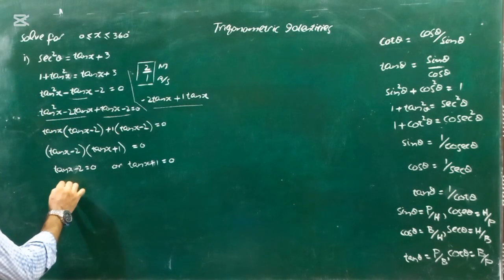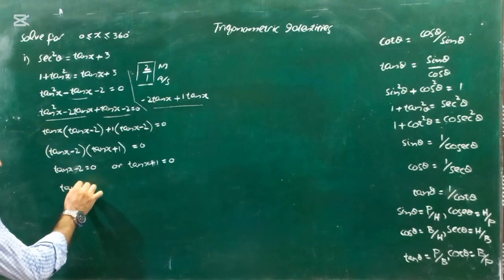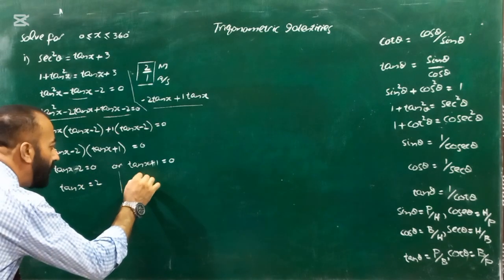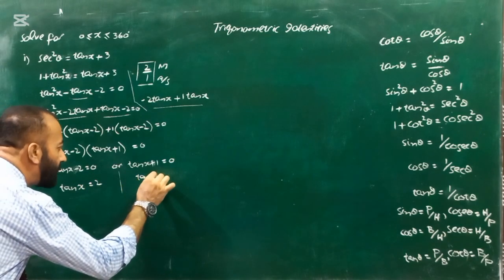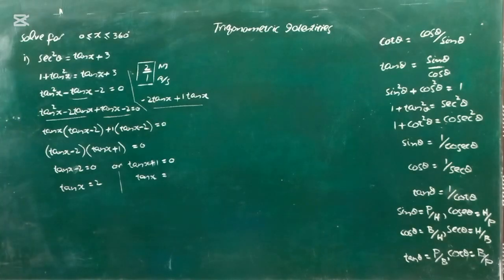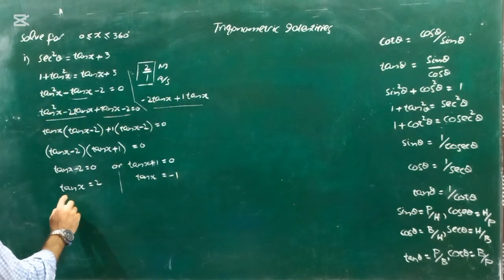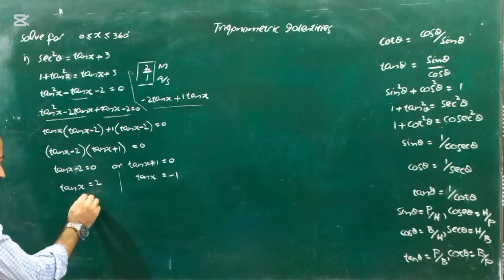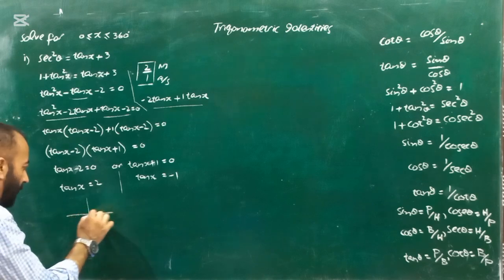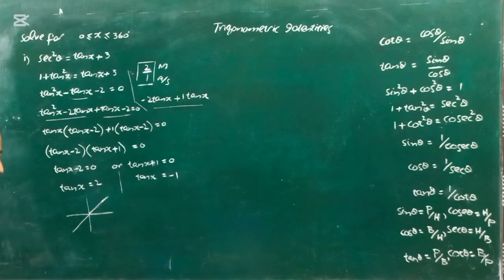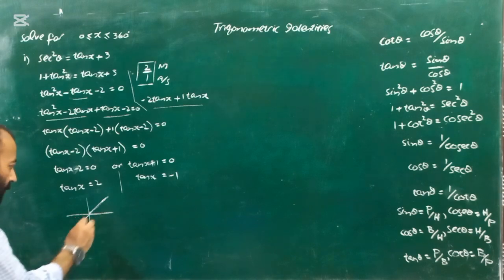From here tan x will be equal to 2, and from here tan x will be equal to minus 1. Because tan is positive in the all students take, tan is positive in the first and third quadrant.